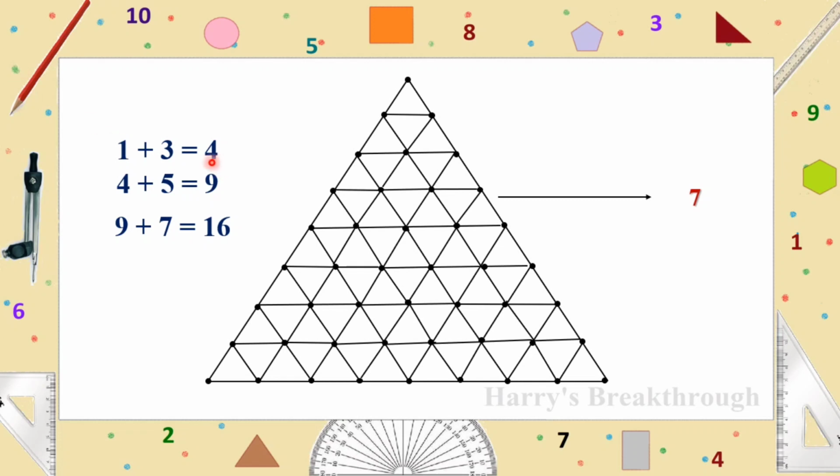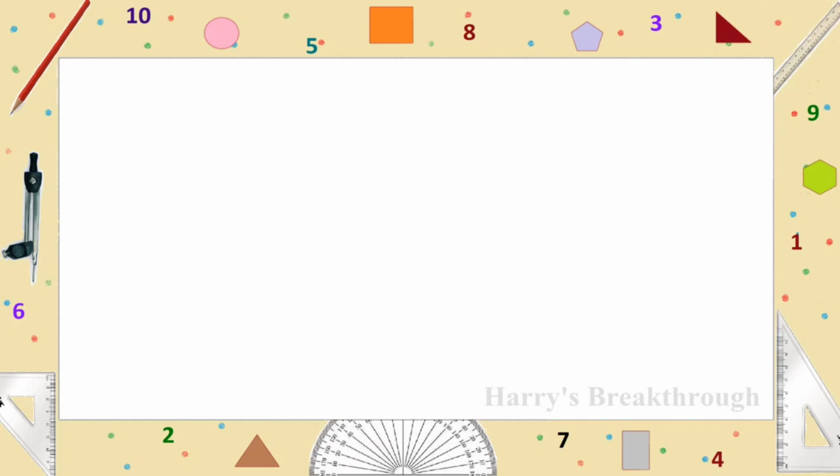What pattern have we got? The first row, 1 triangle. Second row, 4 triangles. With the first 3 rows, there are 9 triangles. And up to the fourth row, 16 triangles. So, we can have a pattern here.